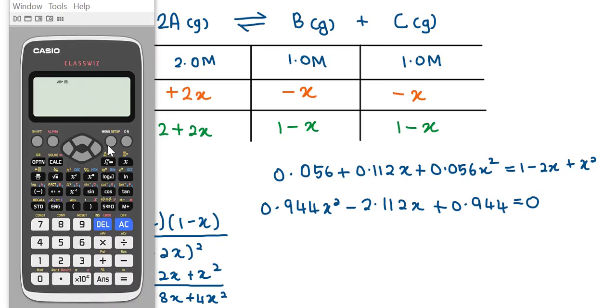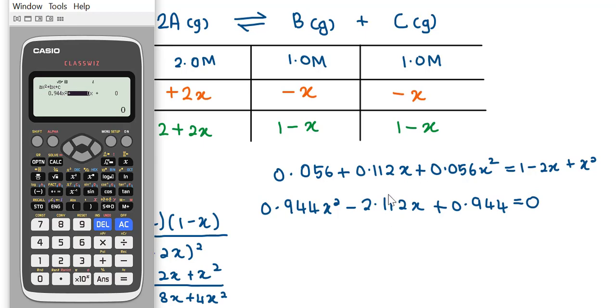Then on your calculator, press the menu and take the equation mode, alpha A, and then take the polynomial equation. We have degree 2, select 2, and then put the x squared coefficient, which is 0.944, press equals.